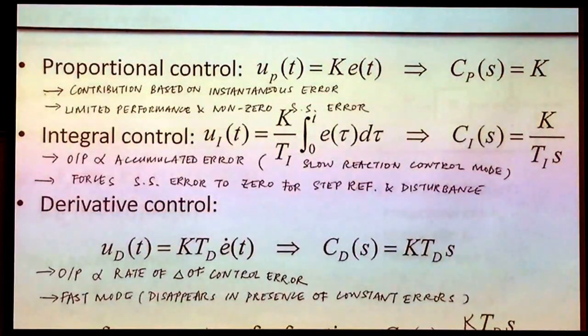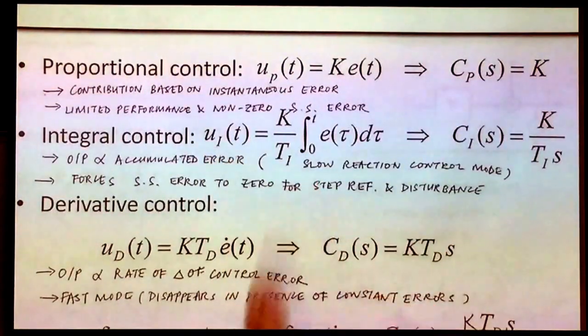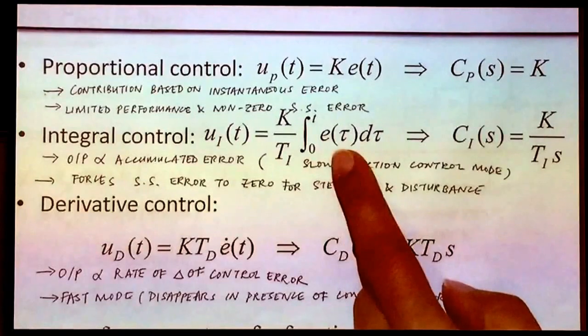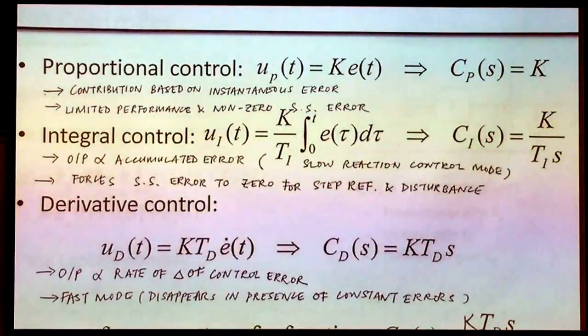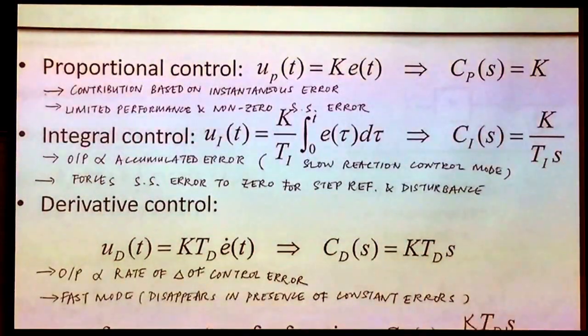Integral control, which is u equals K over T times the integral, you integrate your error over a certain period of time. After the Laplace transform into the frequency domain, the controller Ci will be K over s.